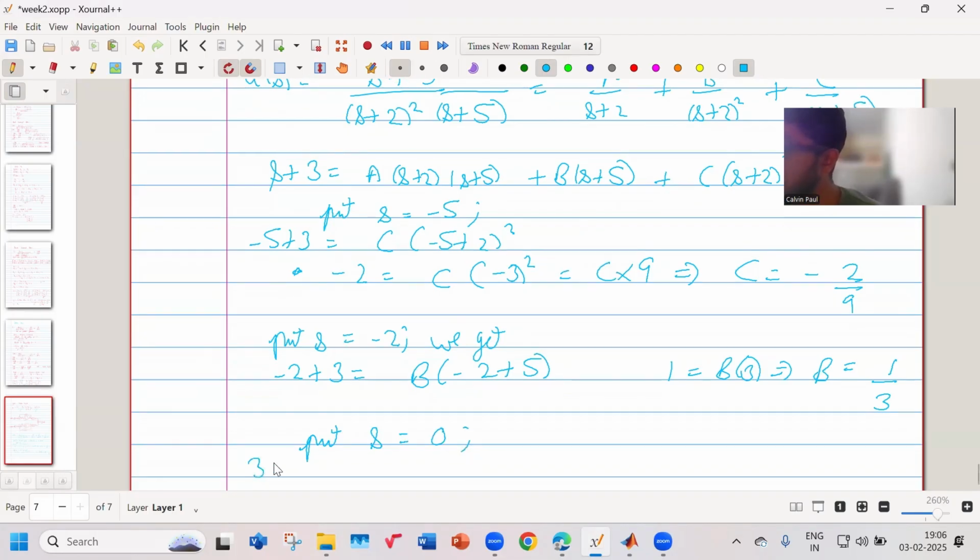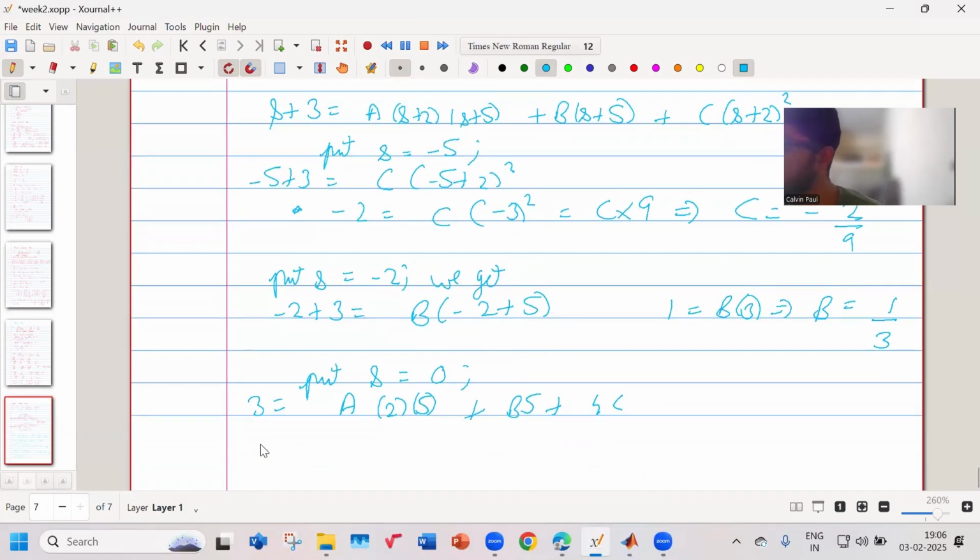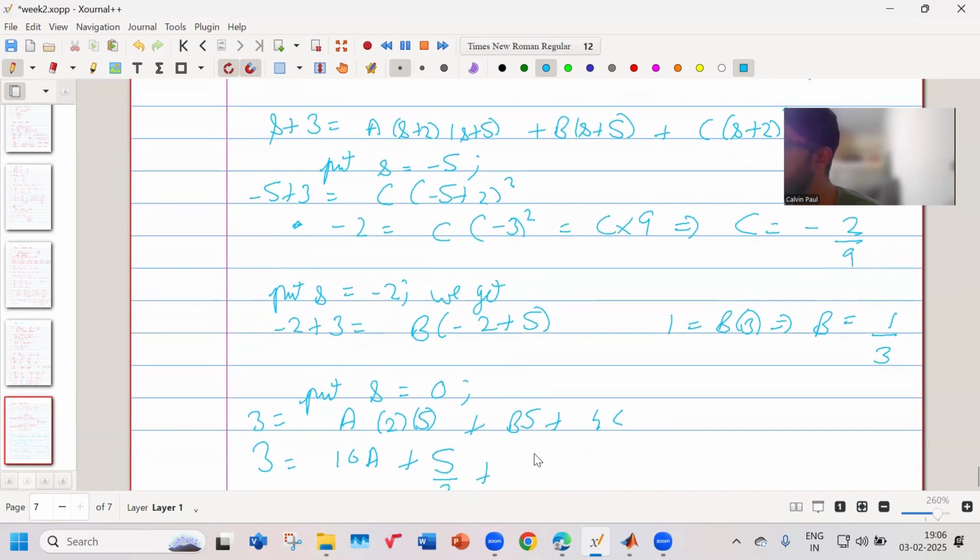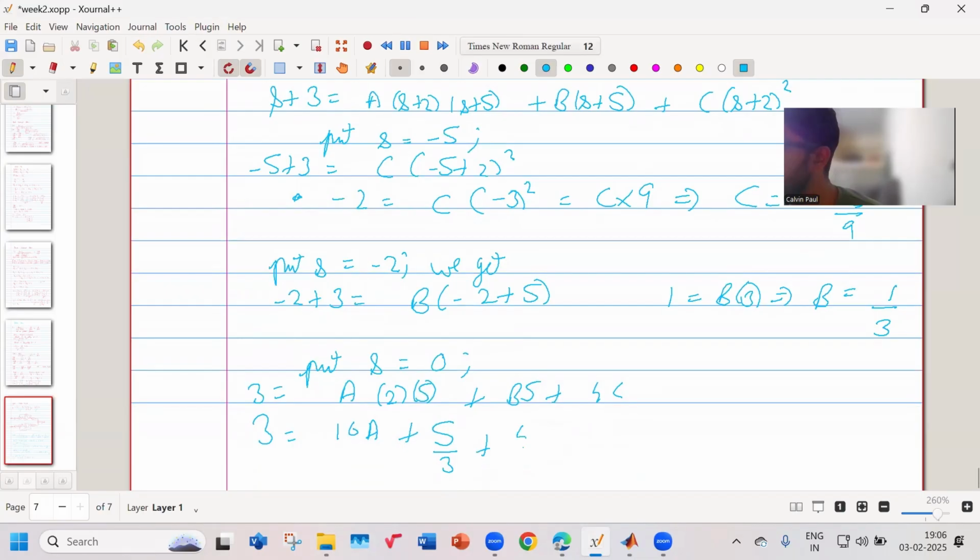So we get 3 is equal to A into 2 into 5 plus B into 5 plus 4 into C. So that means 3 is equal to 10A plus B times 5, which is 5 by 3, plus 4 into C, so it is 4 into minus 2 by 9. So it is 10A plus 5 by 3 minus 8 upon 9.